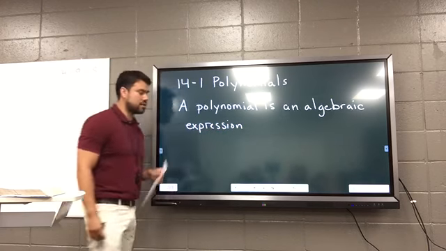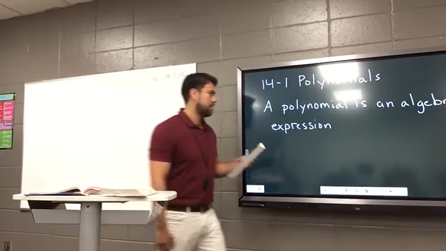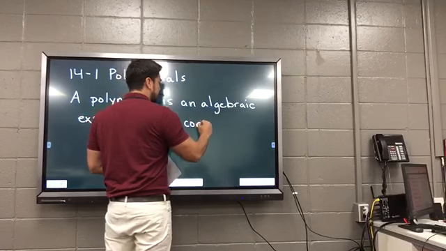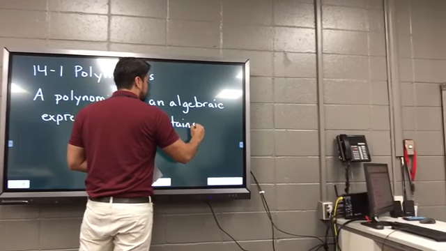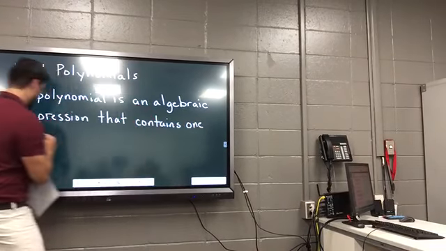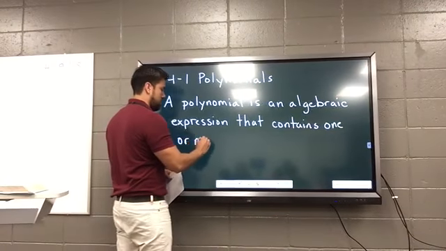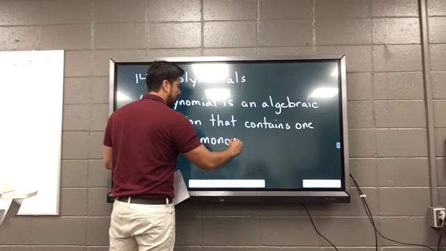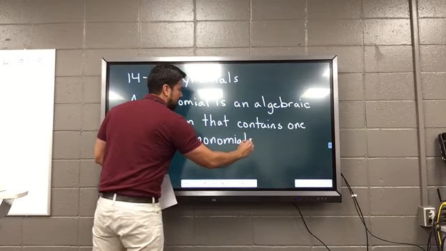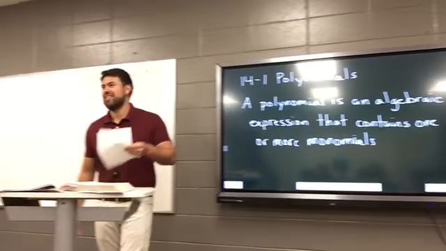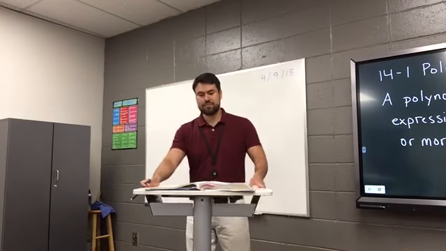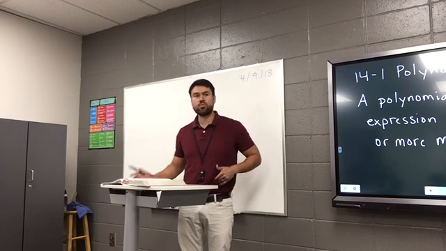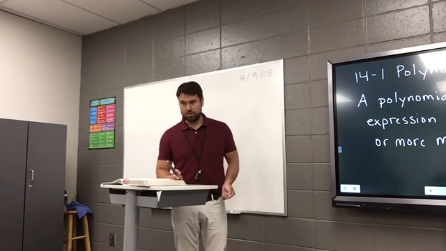It's an algebraic expression that contains one or more, and then you have this interesting word, monomials. So write that down, please. A polynomial is an algebraic expression that contains one or more monomials.